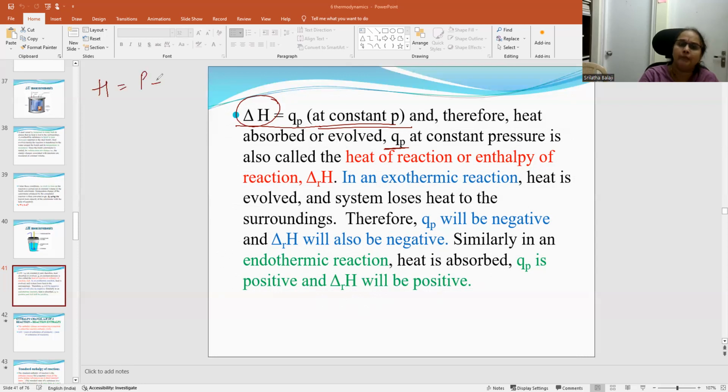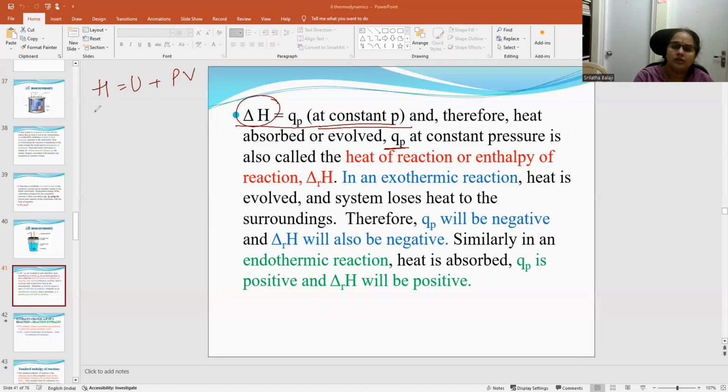H is equal to U plus PV. We use the delta H concept mainly for chemical reactions, and chemical reactions are always carried out at constant pressure conditions. That's why we call this the heat content at constant pressure.